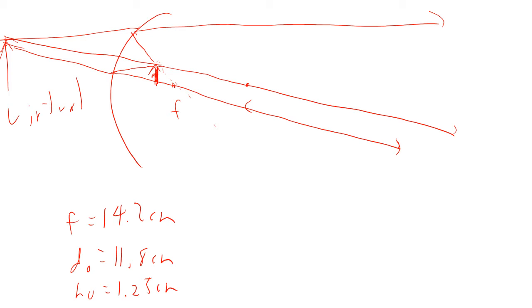So now what we want to do is figure out what that virtual image tells us. Well, let's work this out. 1 over f equals 1 over do plus 1 over di.